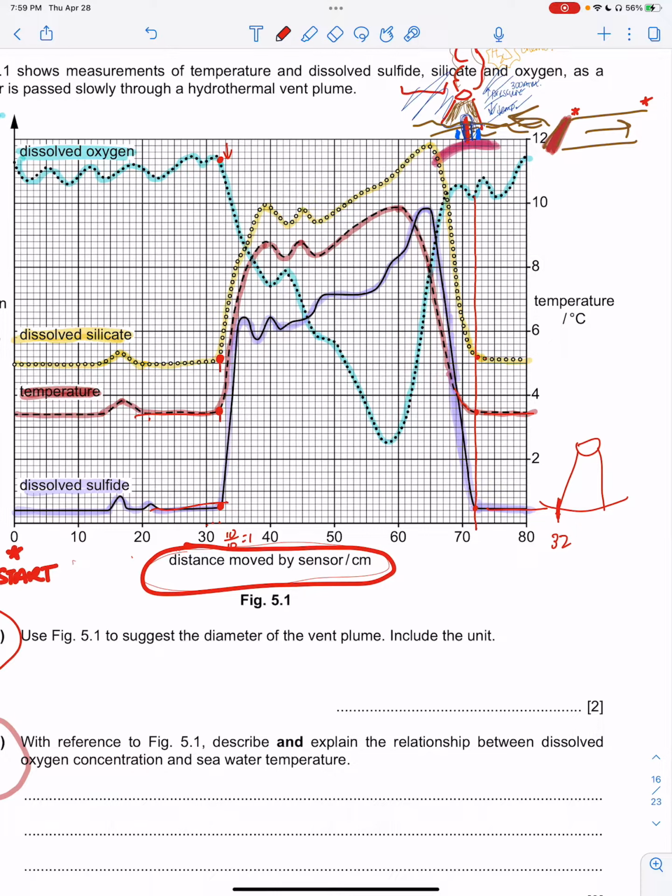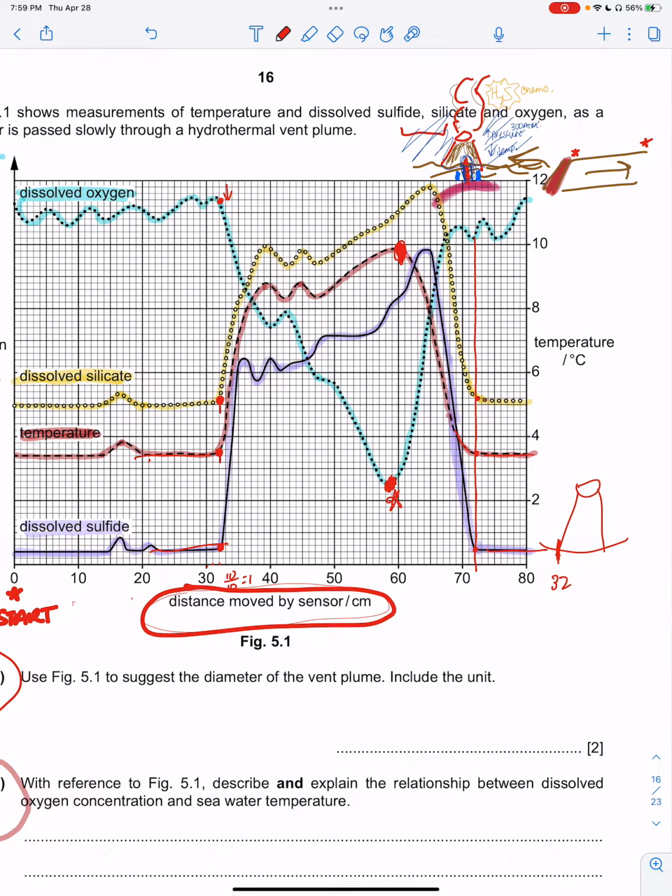You can see this must be maybe like the center, maybe where everything's kind of coming out of the plume, maybe part of its hottest area, and it is the hottest area. So this is where it starts to leave. And then as it gets farther, the oxygen starts to increase again as it gets further away.